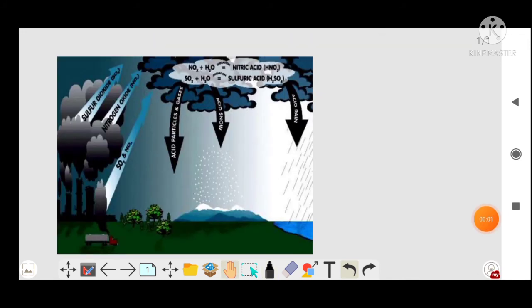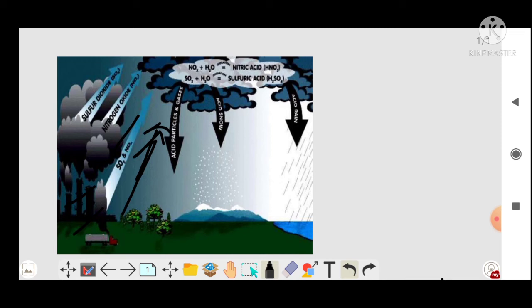Look at how acid rain occurs. Here there are industries. From the industries come sulfur dioxide, SO2, and nitrogen dioxide, NO2. These come from industrial pollution.